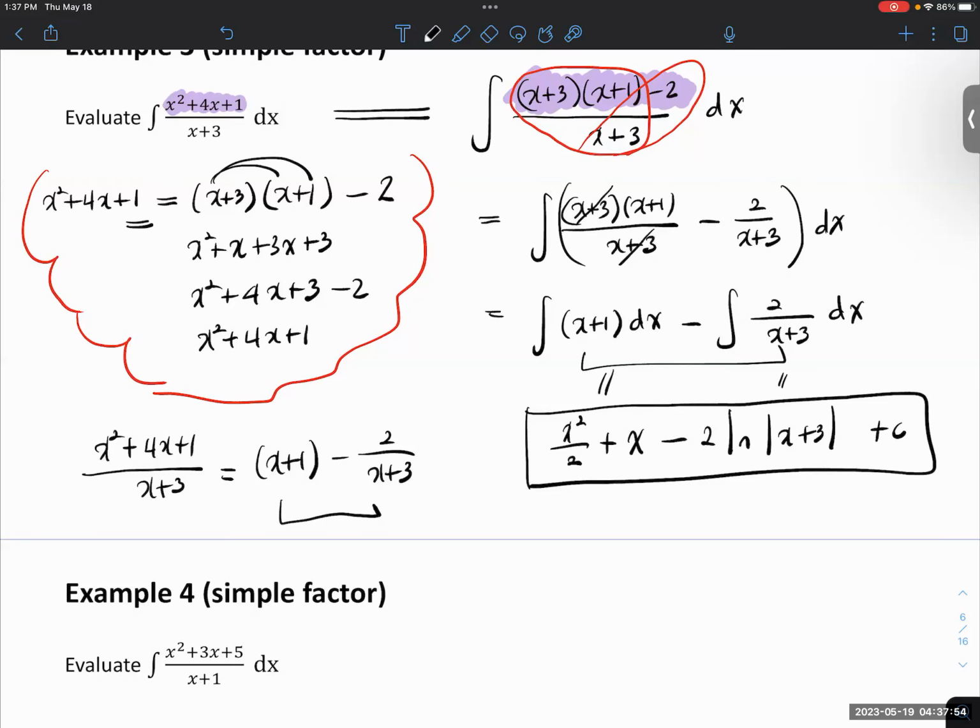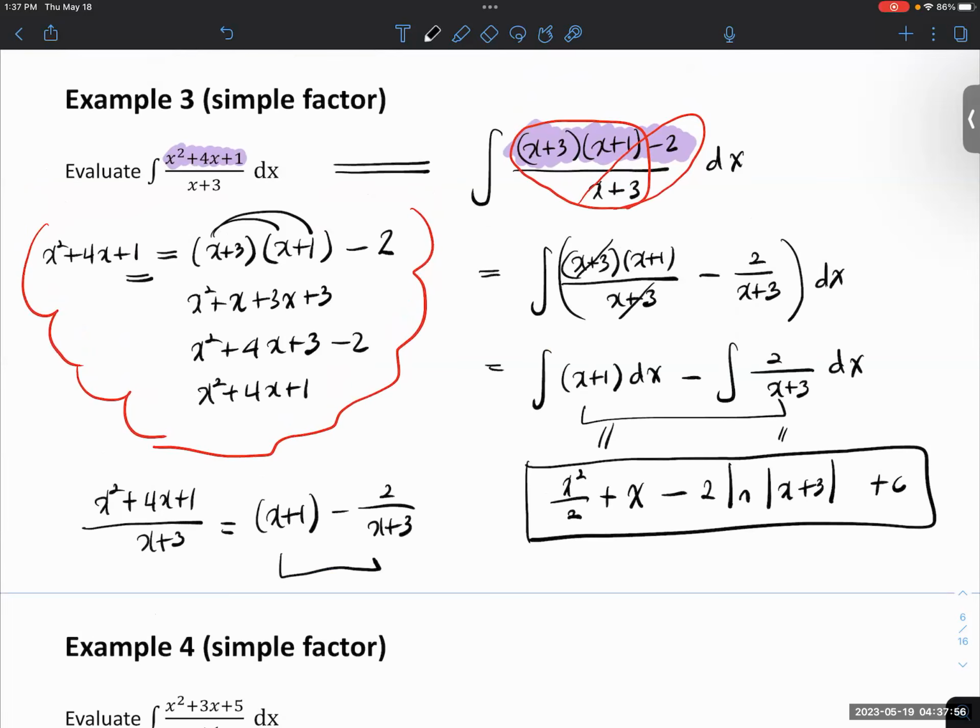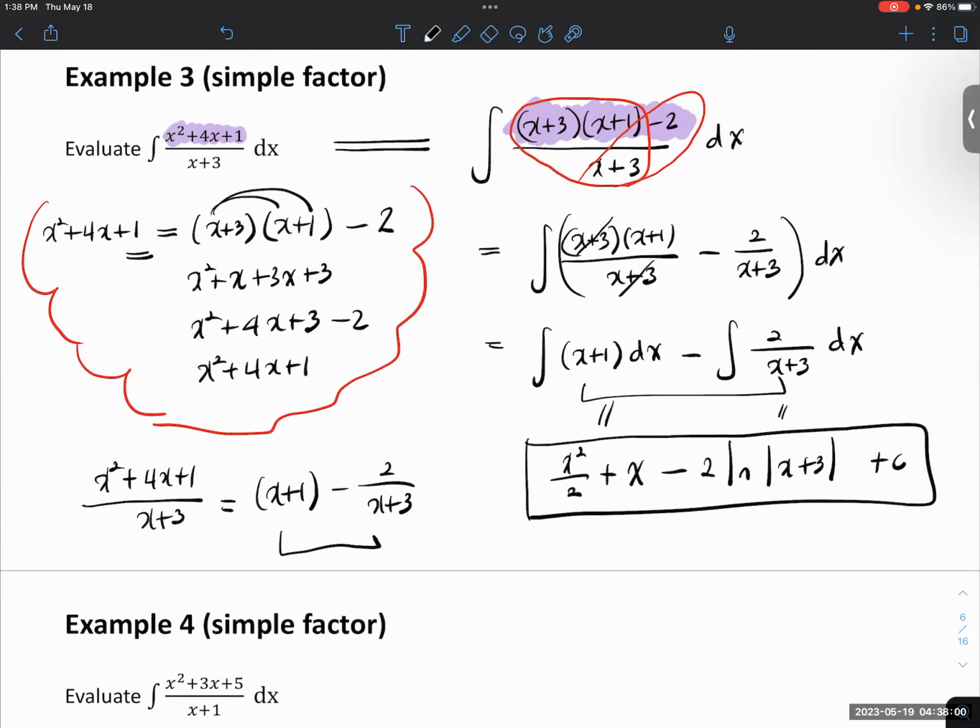So you can find the result of the integral of this fraction by utilizing partial fractions. Okay. All right. We are getting better and better. Are you getting better? I hope so.